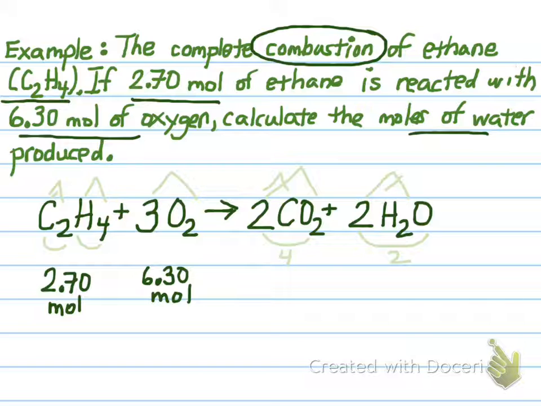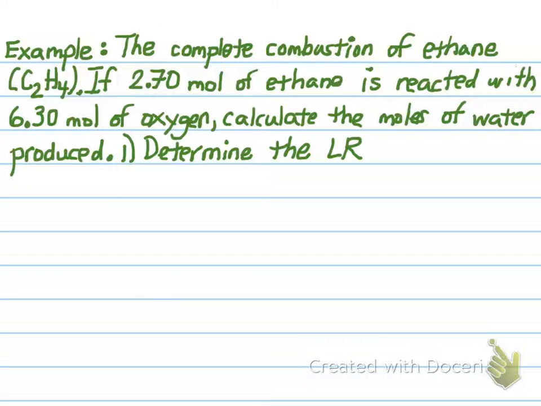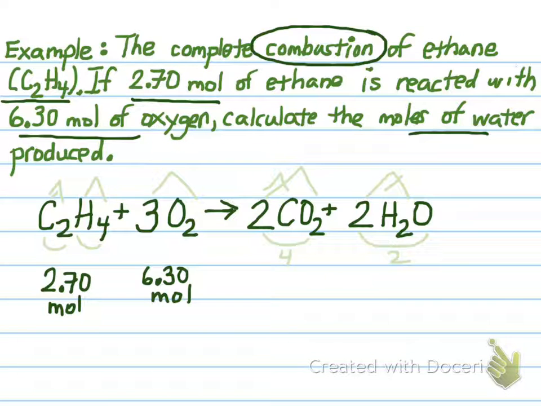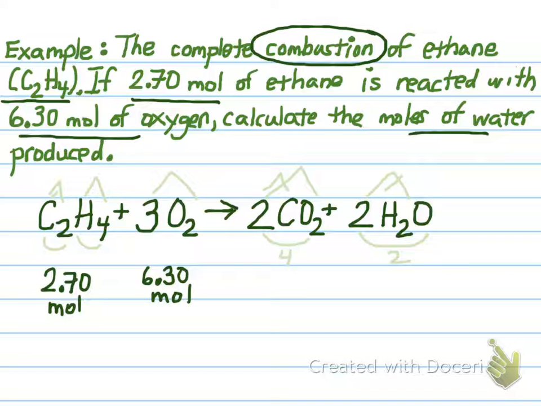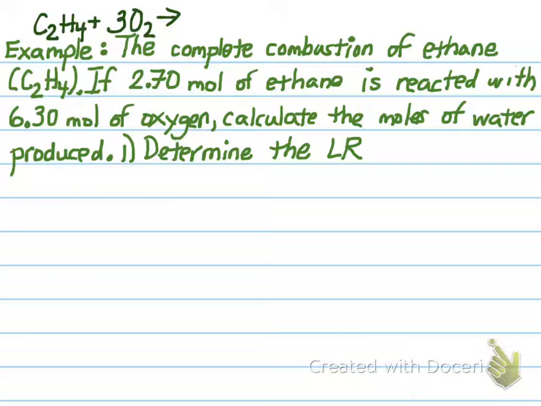So, step number 1 is to determine the limiting reagent. Now, I'm going to put this balanced chemical equation here again, up here. So we have C2H4 plus 3O2 yields 2 carbon dioxides and 2 waters.